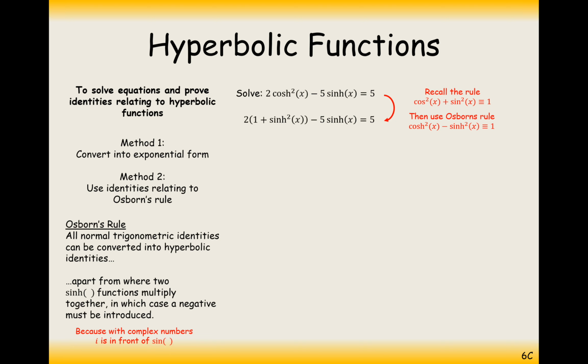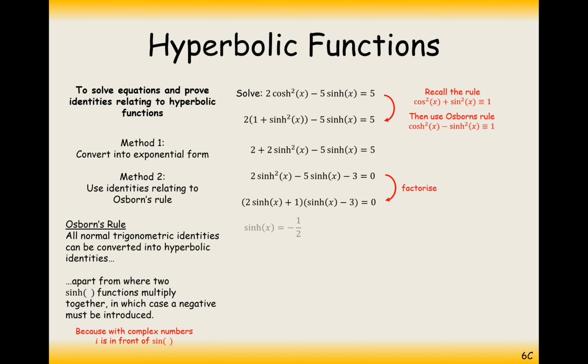Add the sinh squared x onto the other side, and I get 2 brackets, 1 plus sinh squared x, minus 5 sinh x equals 5. Open up the brackets, and now we're on our way to solving a quadratic. So we've turned the cosh squared into a sinh squared by this identity here. This is an identity that stems from Osborne's rule. So we've got this quadratic expression here. Let's now factorize.